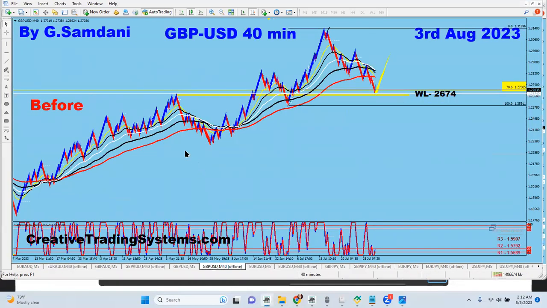What I have here is Pound USD. This is the high here. This is the weekly low. Nice number, 26.74. And you can see that the price dropped here in three waves for A, B, C. And it is also 78% of this rise. 78% sitting at the support and SLR level 2674, and kind of posted already a reversal candle.